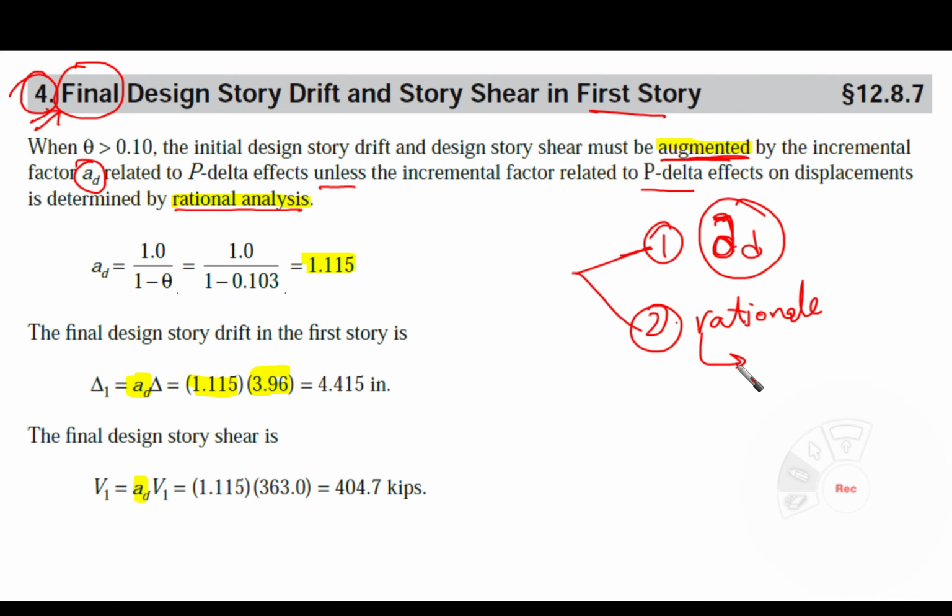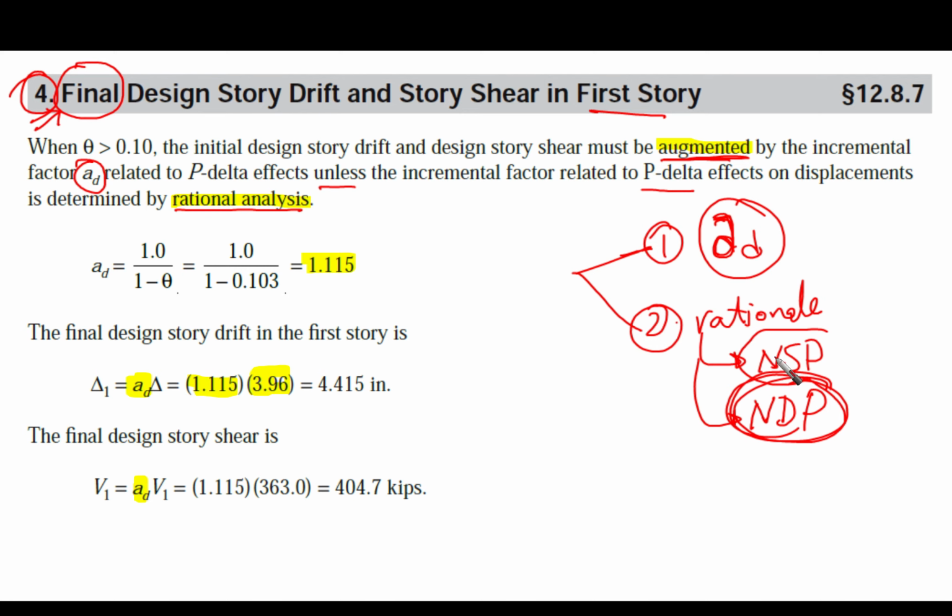We said there are two types of rational analysis here. The first one is the nonlinear static procedure, which is pushover, and the other one is the nonlinear dynamic procedure, which is nonlinear time history analysis. And we were discussing a little bit about NDP and what the challenges are here. But anyway, we have two ways.